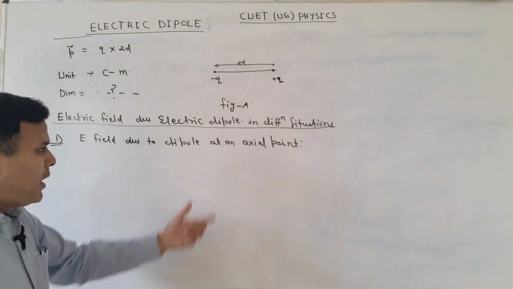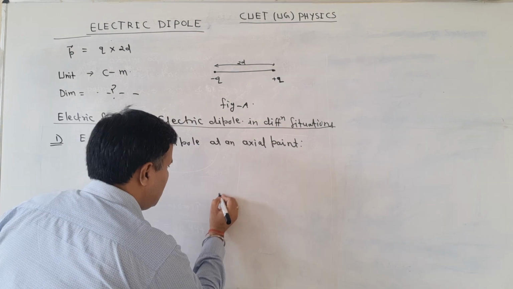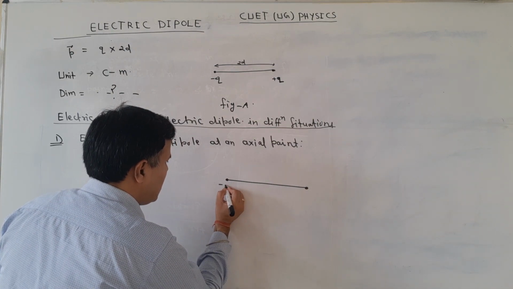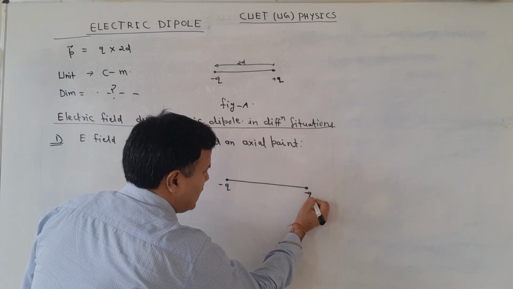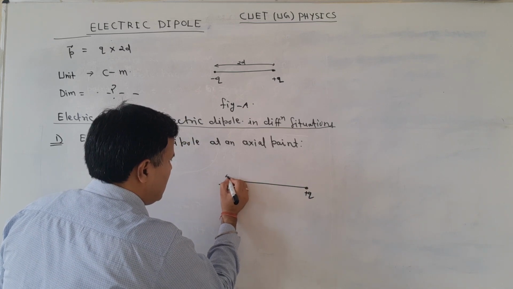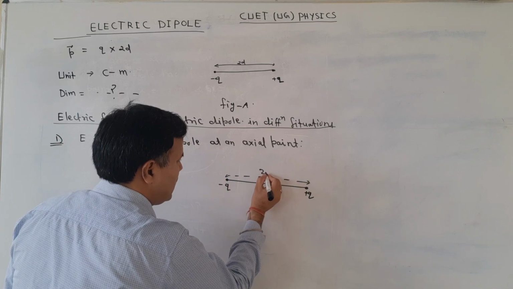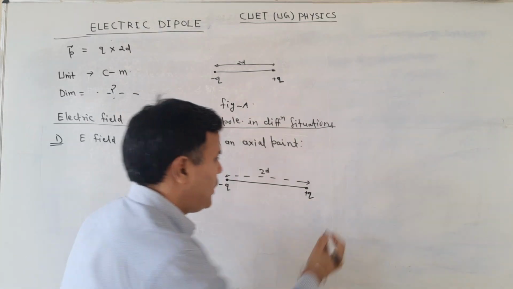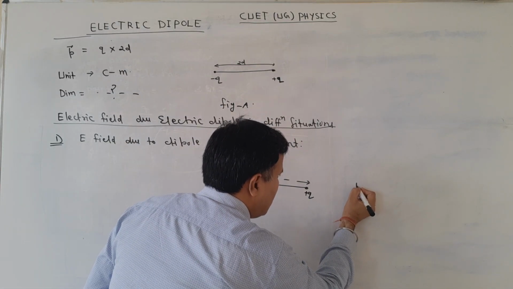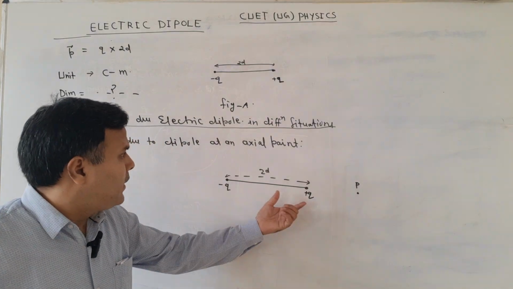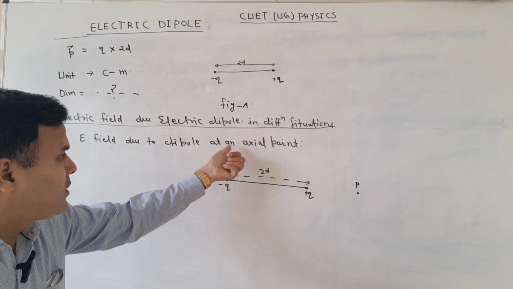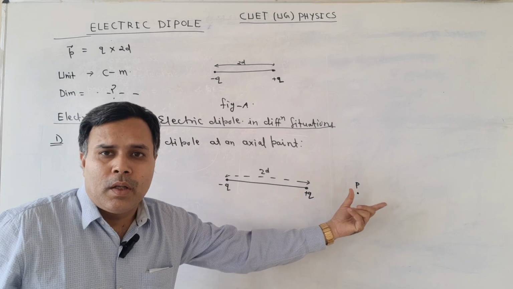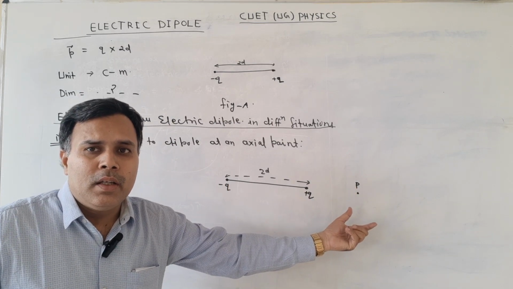It means we have an arrangement of electric dipole, this is minus q and this is plus q, separated by a distance 2d, and we want to find the expression of electric field at any point P which is on the axis of this dipole. That is why we say this is an axial point. Axial point means this is the axis of the dipole. On this axis we want to find the electric field.